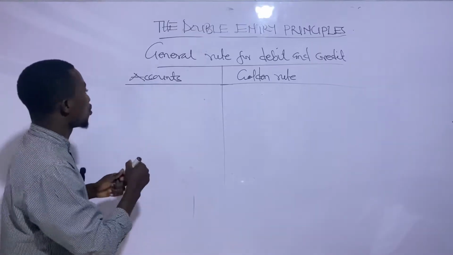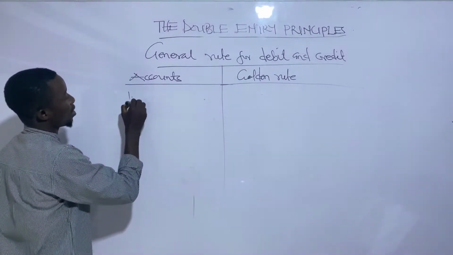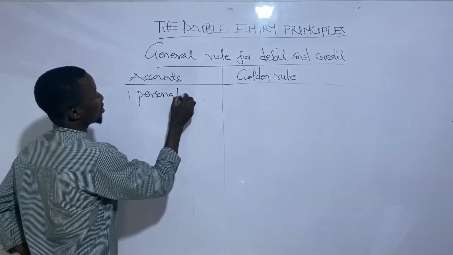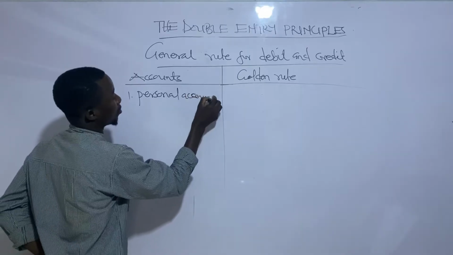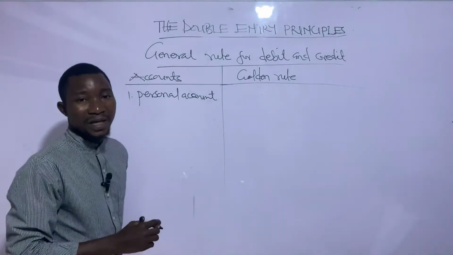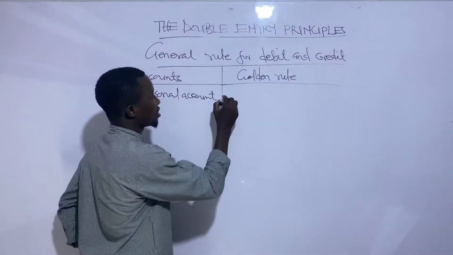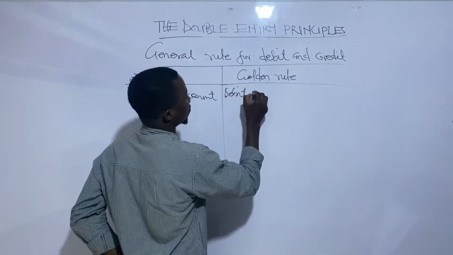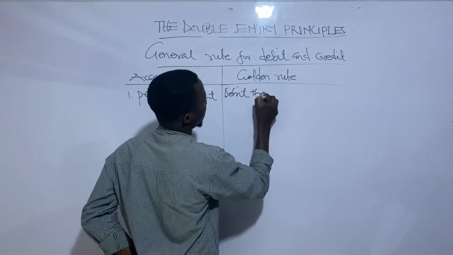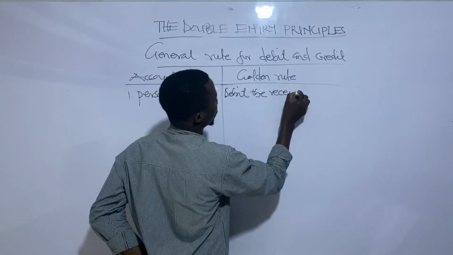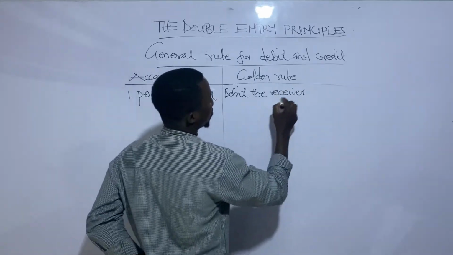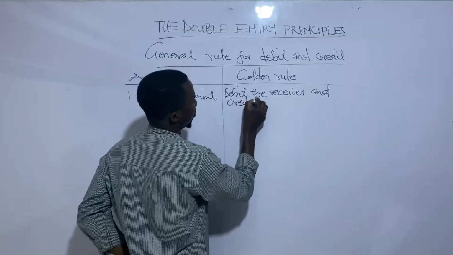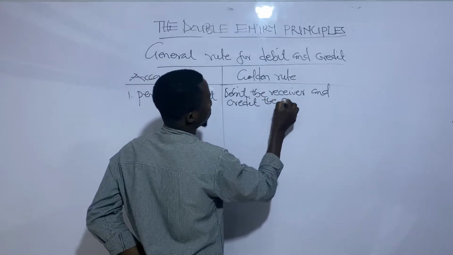So we looked at what we call personal accounts, right? Personal accounts. The rule for personal accounts is that we debit the receiver and credit the giver.